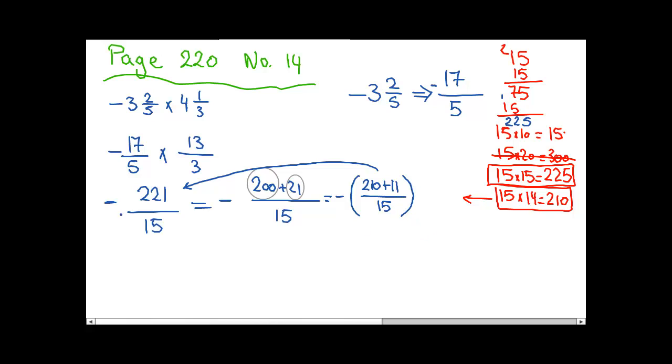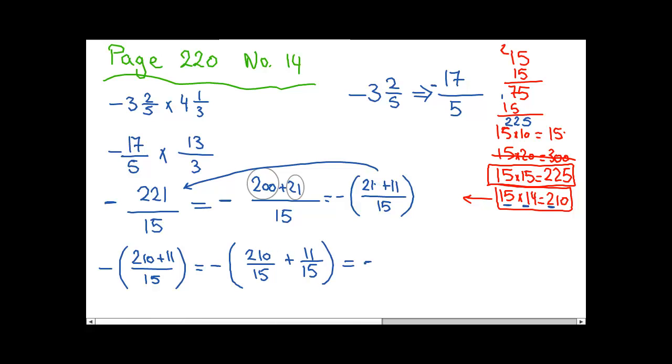So let's go to the line underneath it here. So negative 210 plus 11 over 15. Then we can divide this, the number inside the parentheses, into two different fractions. So it becomes 210 over 15 plus 11 over 15.